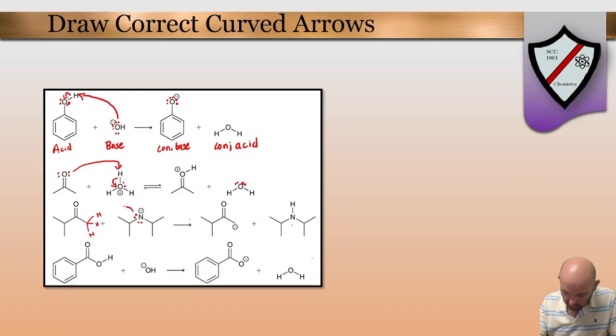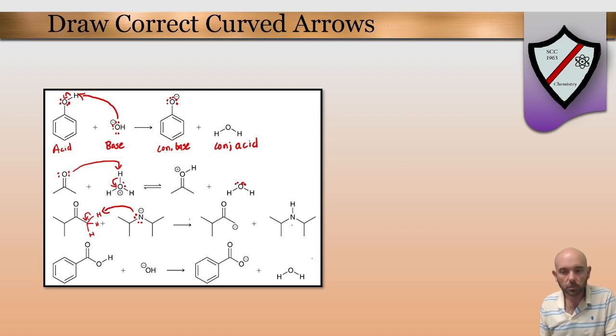I'll show one of those lone pairs bonding with that hydrogen ion. I'll show both of those electrons in that bond left with the carbon atom that gets the negative formal charge, and that would be the correct curved arrow notation for that acid-base interaction.